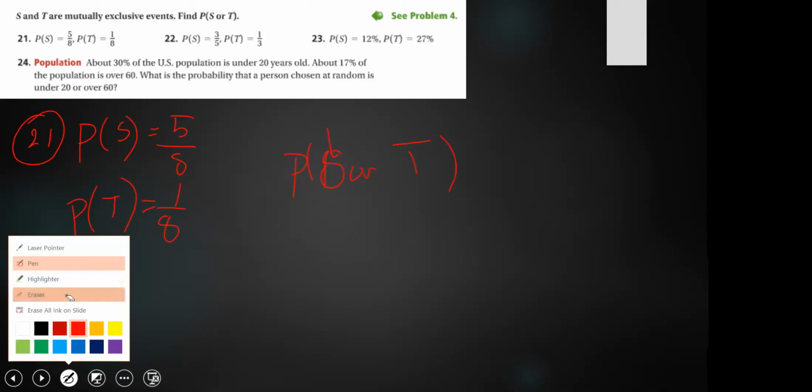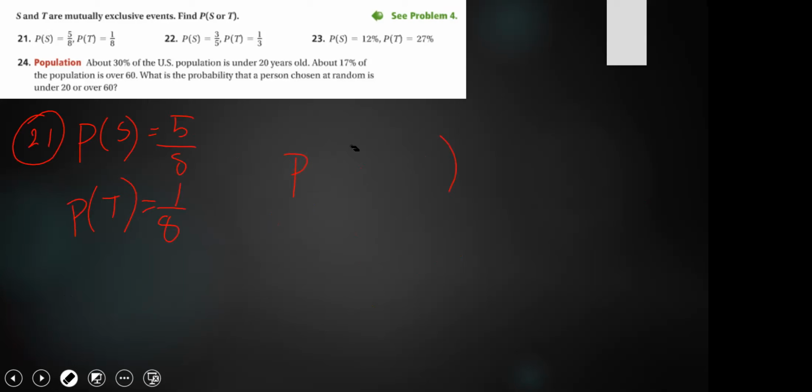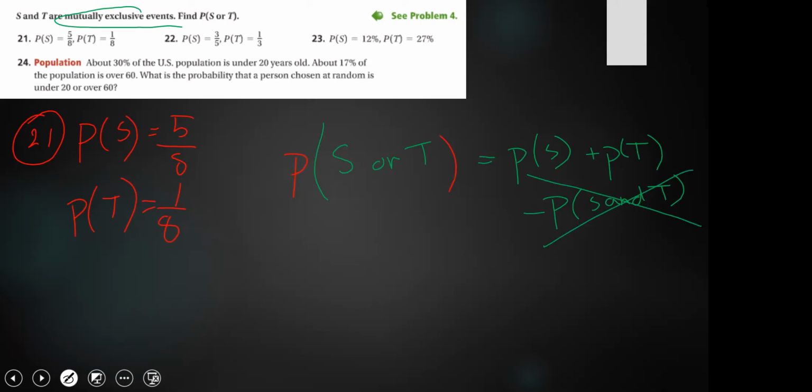Here, we have S or T. So, I have two events, S or T. I will say it is the probability of S plus the probability of T minus the probability of S and T. They told me that they are mutually exclusive, so that means here it is 0.